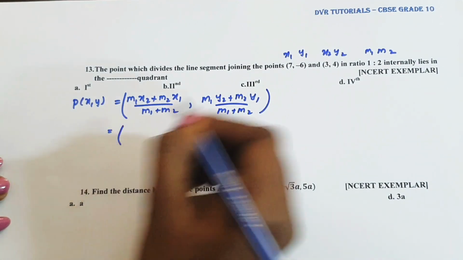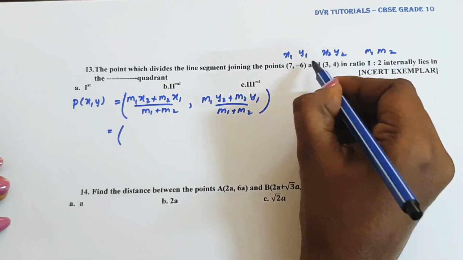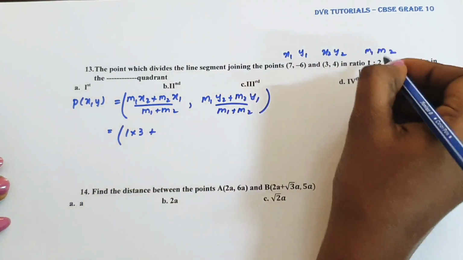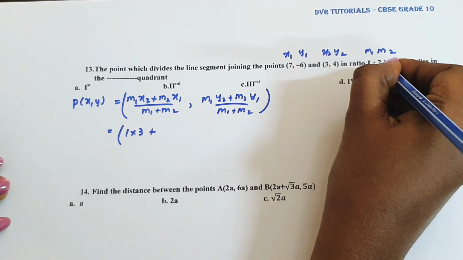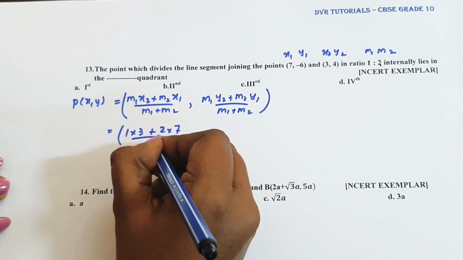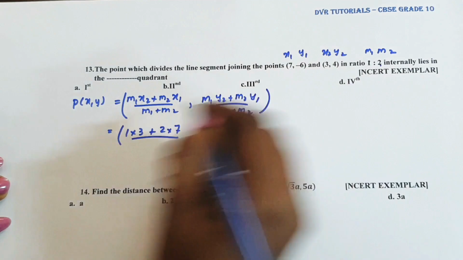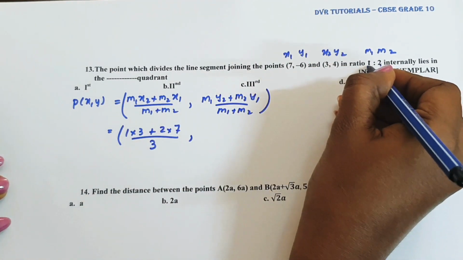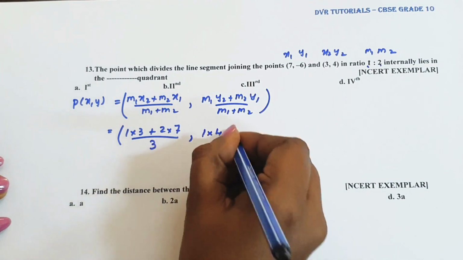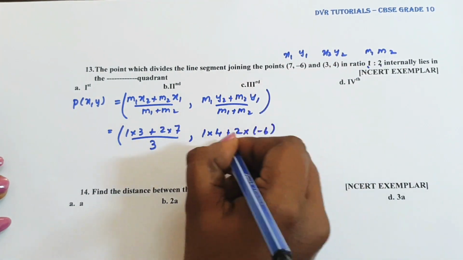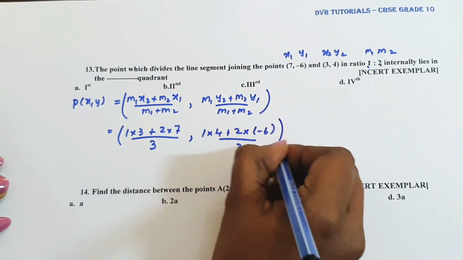That is equal to m1 x2, so 1 times 3 plus m2 x1, so 2 times 7, divided by m1 plus m2. The sum of the ratios is 3. Then m1 y2, so 1 times 4 plus m2, 2 times y1, which is -6, divided by the ratio 3.